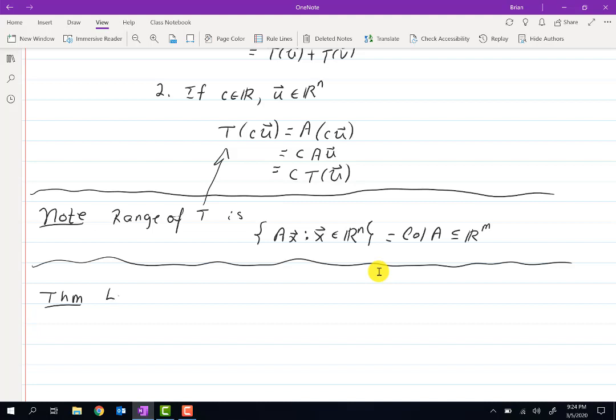As before, we'll let T from V to W be a linear transformation.